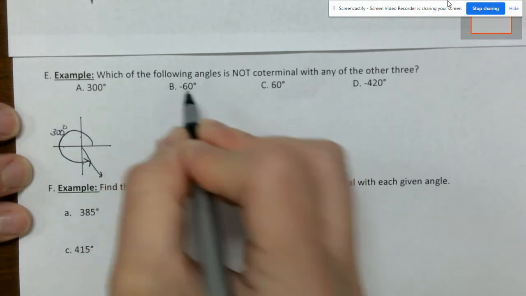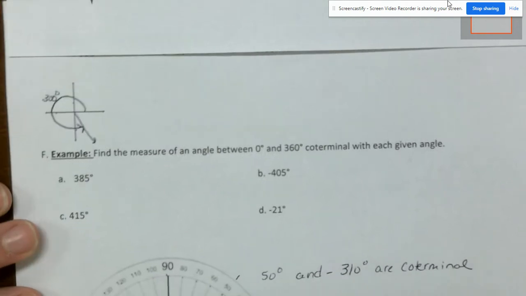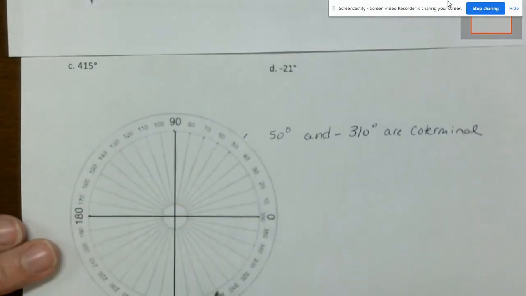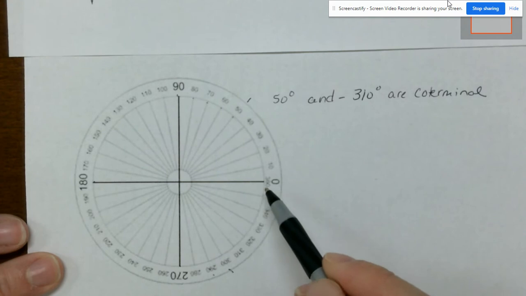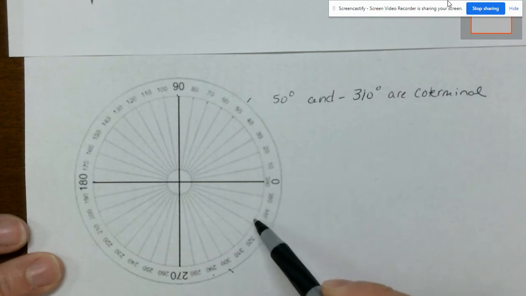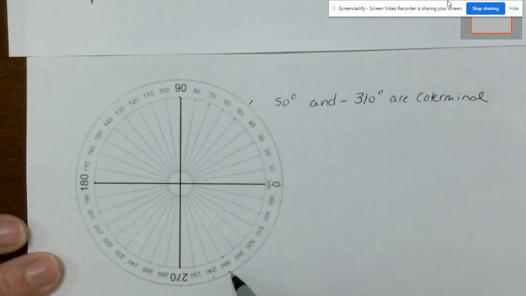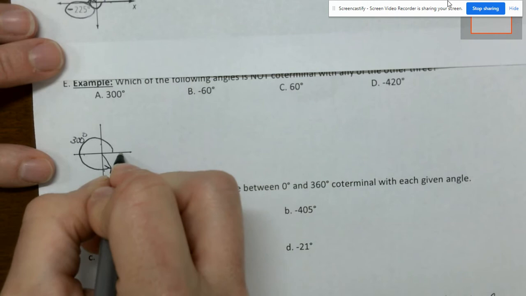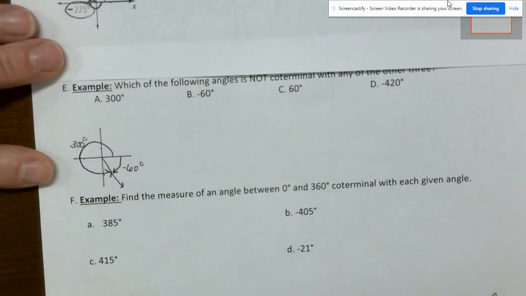Then if we look at the negative 60, now if we go down here, 300, remember, 300 was here, right here. If I go negative 60, so that's 10, 20, 30, 40, 50, 60. Notice that's the same place, negative 60. They share that terminal side, okay?